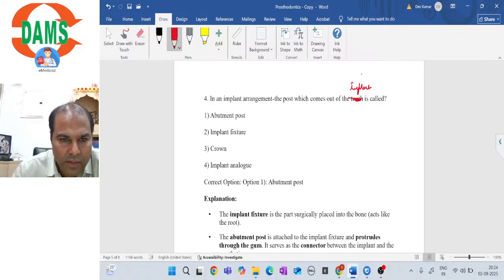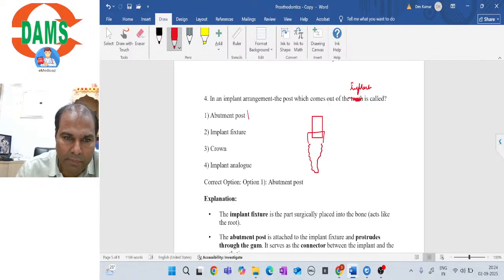So this is the implant, and the post that comes out from the implant is definitely called an abutment or abutment post, where we give the crown.